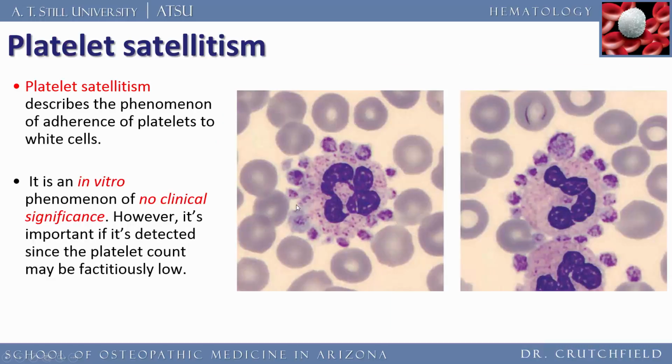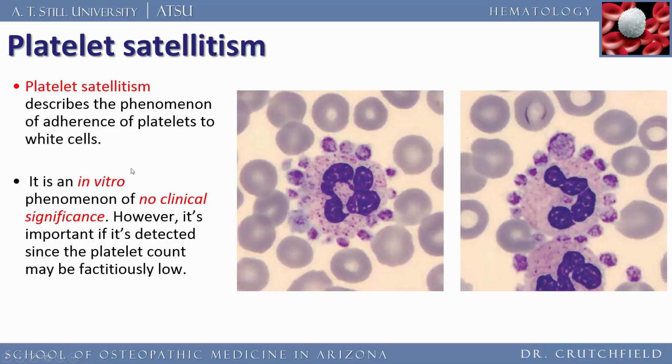So here's something else which is kind of cool. You get satellitism. This is a phenomenon where the platelets adhere to the outer wall of the white cell. So here we have a granulocyte, because it's got little granules in it. It has multiple nuclei, so this is a polymorphonuclear leukocyte, or a neutrophil. And we got all these little platelets that stick to it.